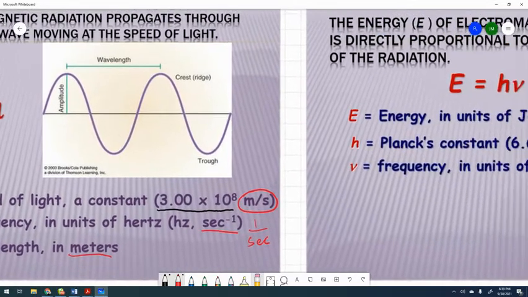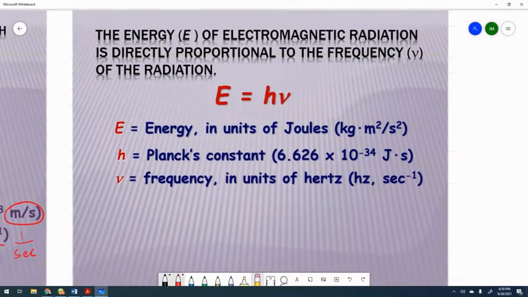The next equation that we could use is when we're looking for energy. We'll be getting into this more in the next class when we're looking at the model and how electrons move and the energy associated with those moves of electrons.